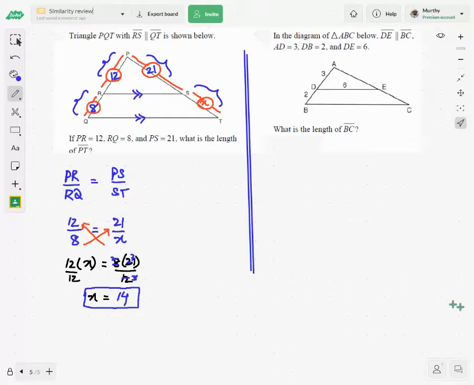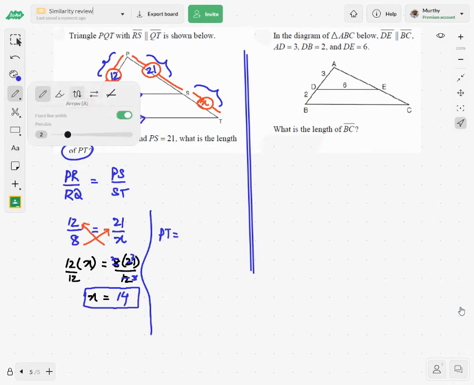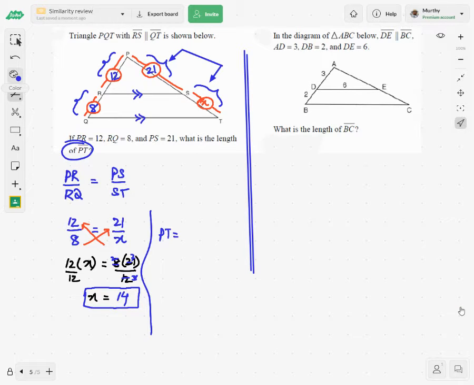The question is, what is the length of PT? So, I see that length of PT, how can I compute it? If I sum up these two values, then I get the length of PT. I repeat once again.